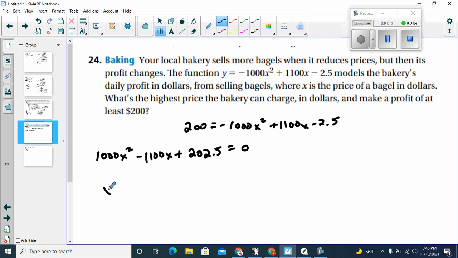let's use that. So x equals negative b plus or minus the square root of b squared minus 4 times a times c, all divided by 2a.